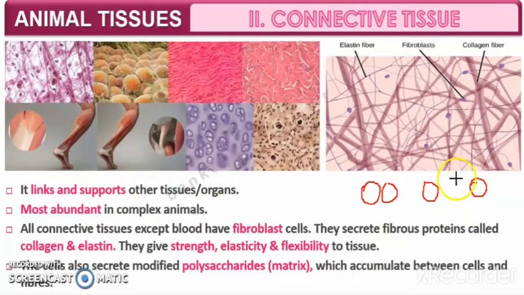Now, how is the space? What is the space filled of? This space is filled with the inter or extracellular matrix. So the space which is seen between the cells is filled with the dense fluid which is called as intercellular or extracellular matrix. Why is it intercellular matrix?